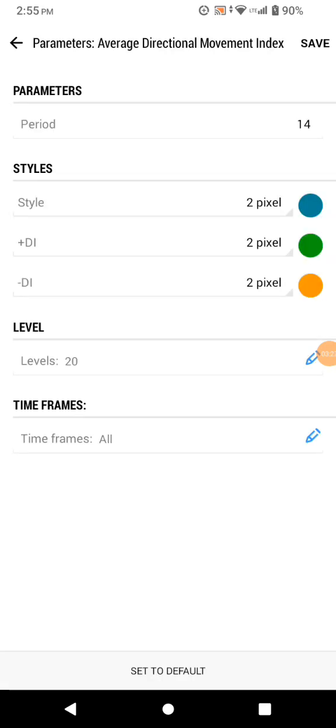So ADX, period 14, style and everything just set to default, but add level 20. Just come here under levels, add 20. This thing is disturbing me, but under levels in ADX add 20. Then you're done. Save.